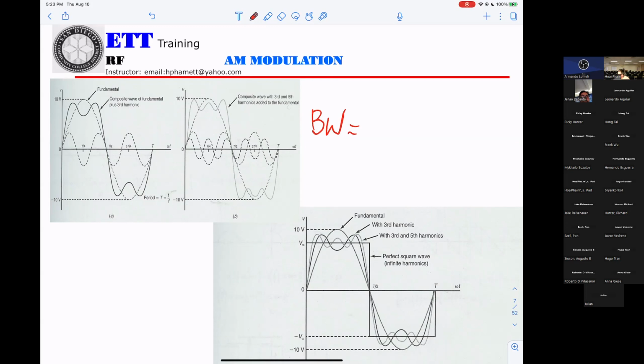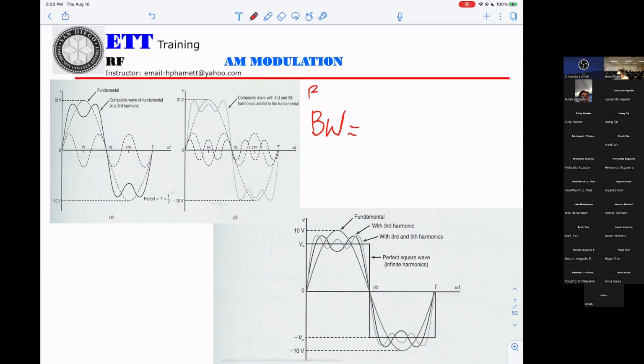Question: the bandwidth of a 1 kilohertz sine wave.